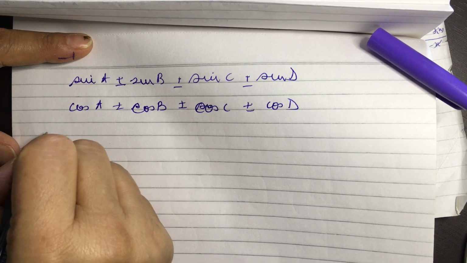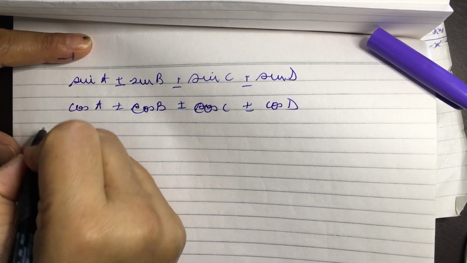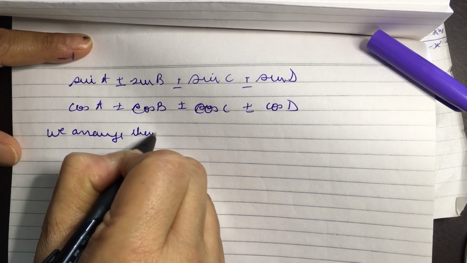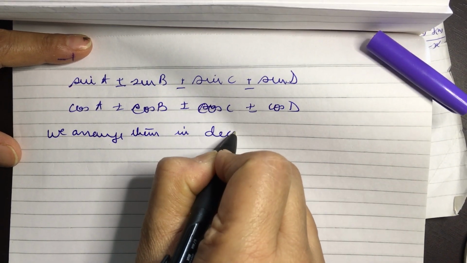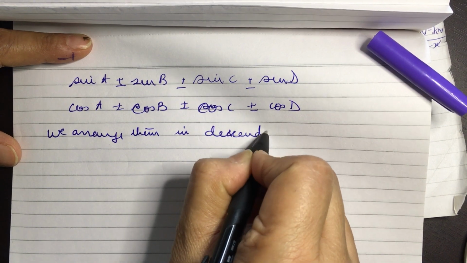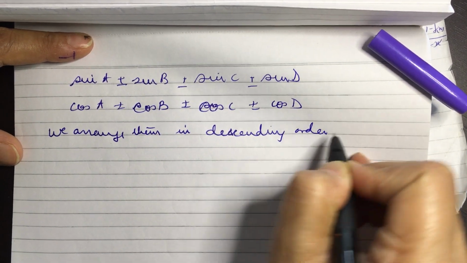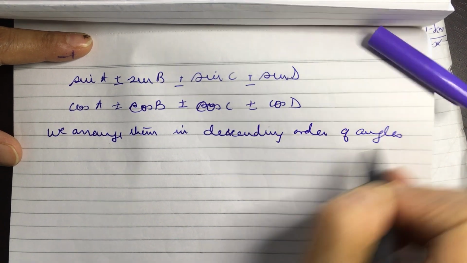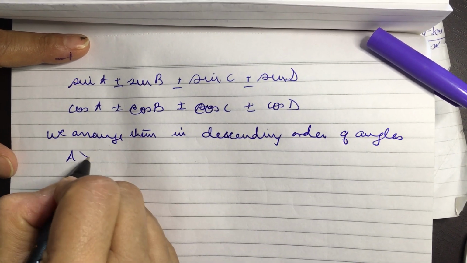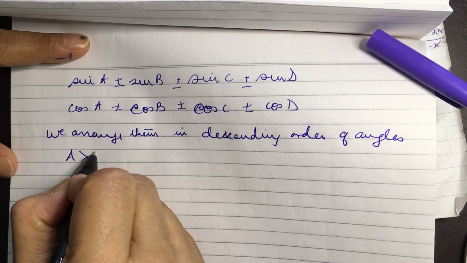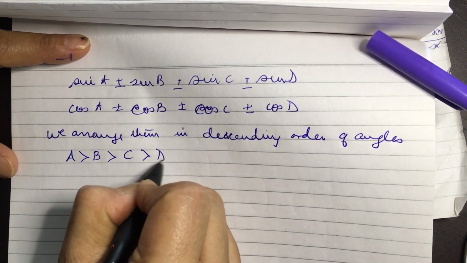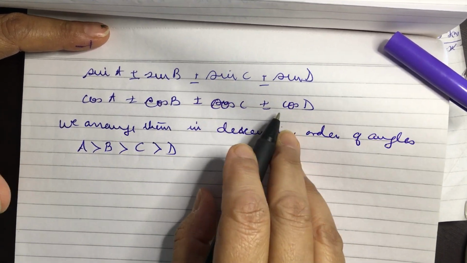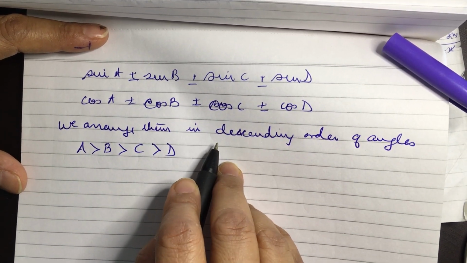So first we arrange them in descending order of angles. Means let's take A greater than B greater than C greater than D. So we arrange them in this, if it is given it's all right, otherwise we will take them in that.